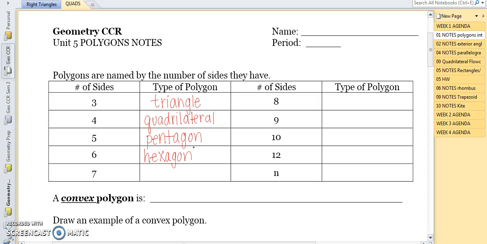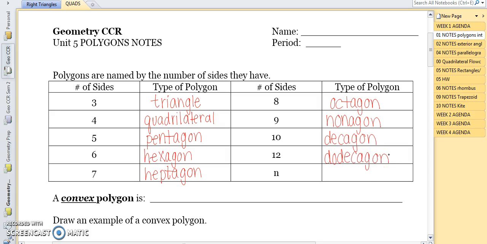For 7, it's called a heptagon. For 8, an octagon. For 9, a nonagon. For 10, a decagon. For 12, a dodecagon.